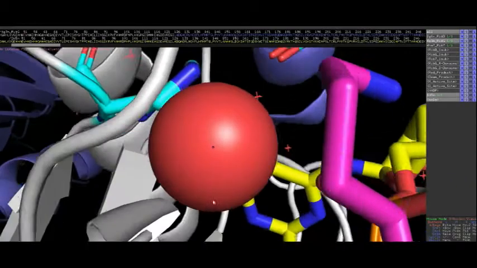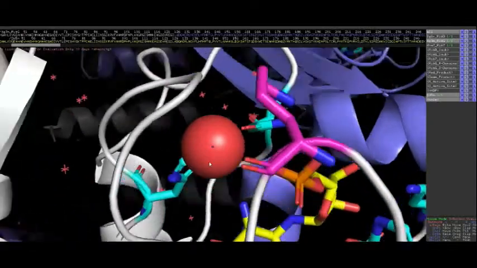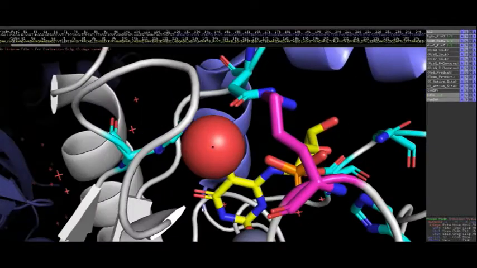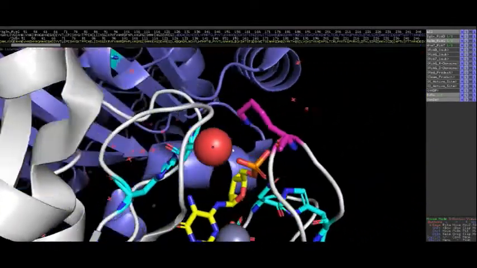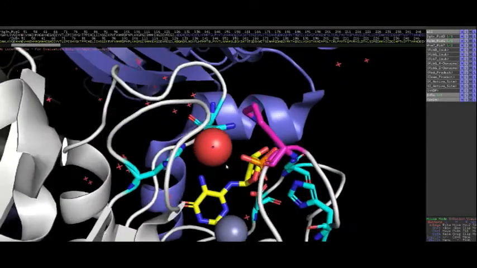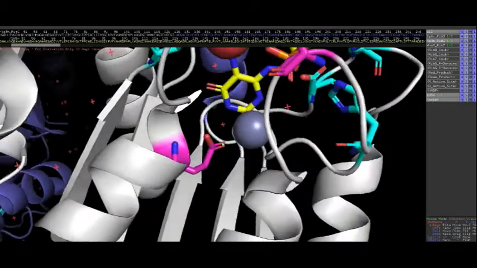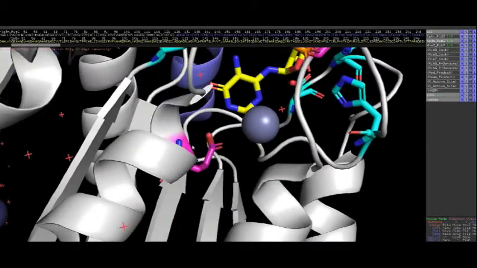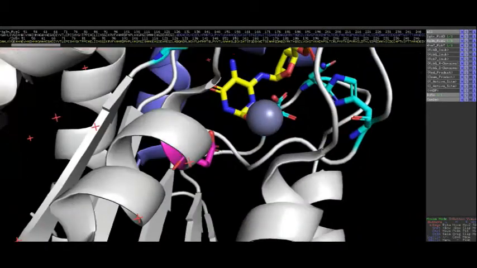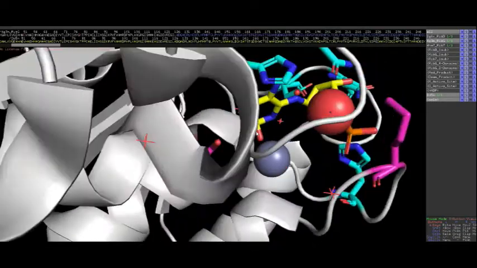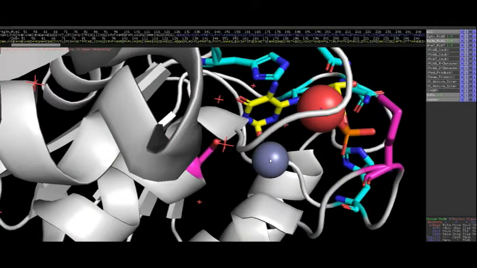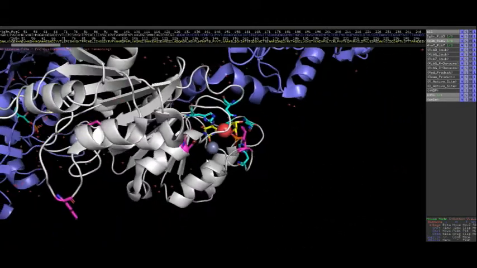And so you can see it a little bit easier. It still looks pretty far away from everything, but anyway, I'm not going to belabor this point. We can see that this glutamate is brought in close, and that this is coordinating with the zinc ion here.